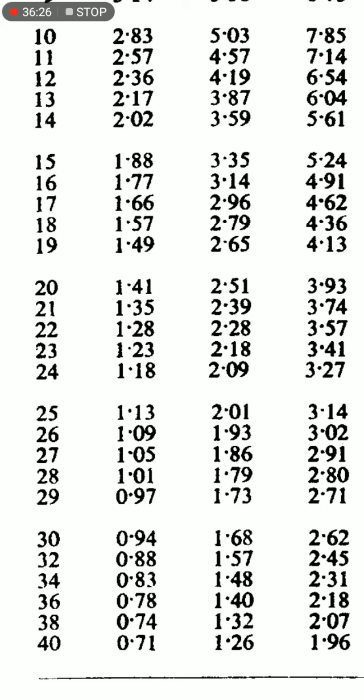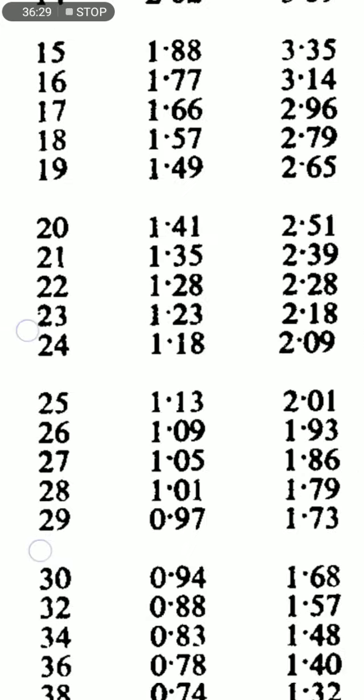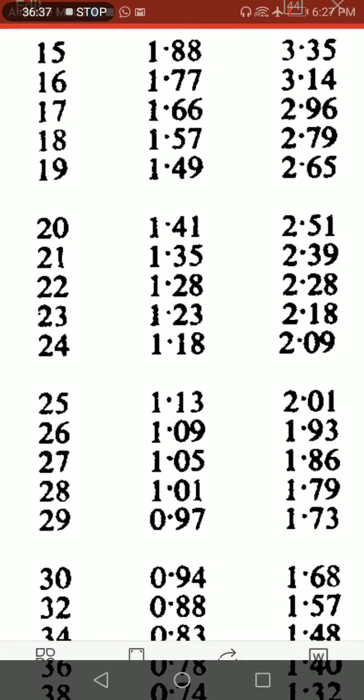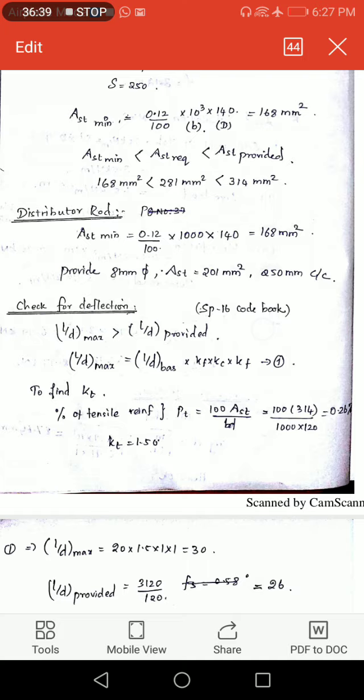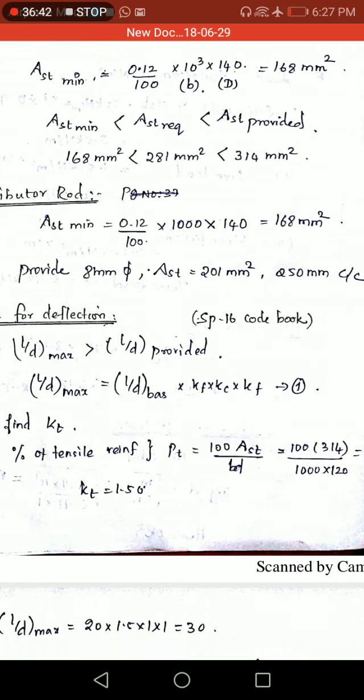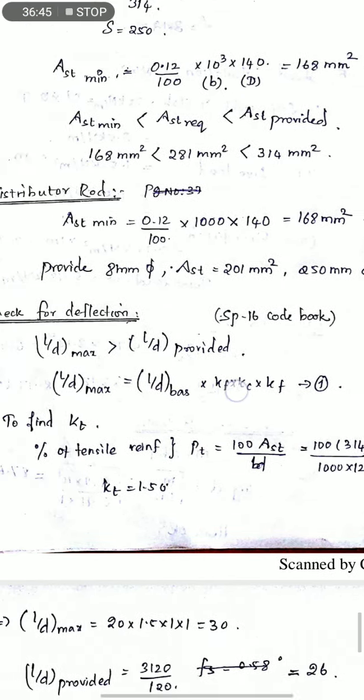The corresponding spacing equals 250. You can choose anything a little bit greater than the required value. That is the main concept. So here provide 8 mm dia, 201 mm square, 250 mm center to center.